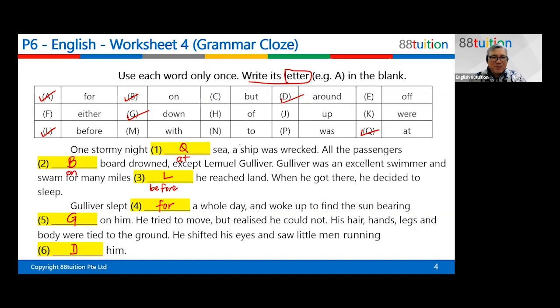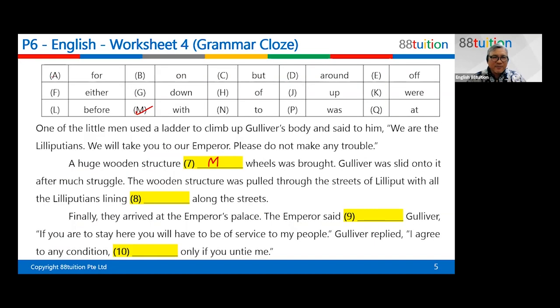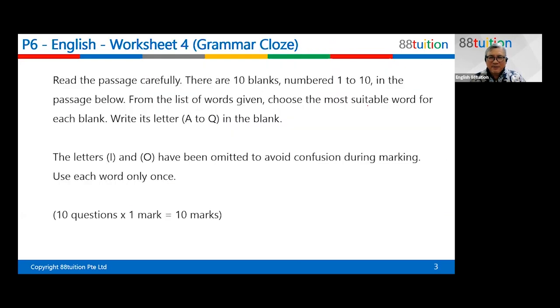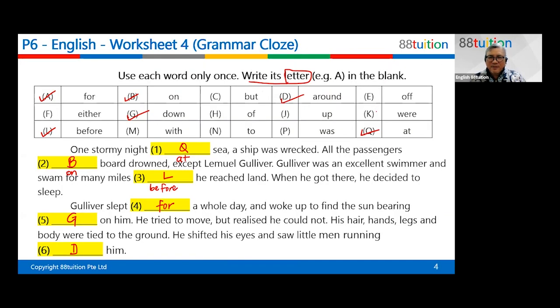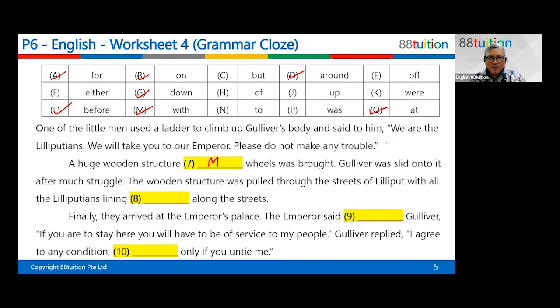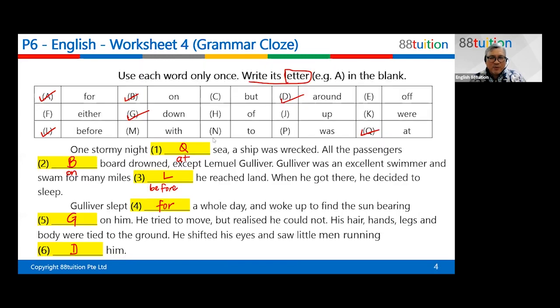You have A, B, G, L, D, right? Those are the ones that have been, and Q, of course. So now we've got M also. So M wheels is absolutely correct. Okay. So with.